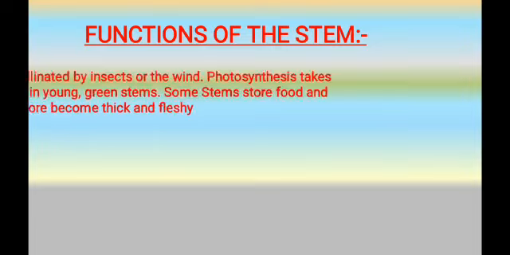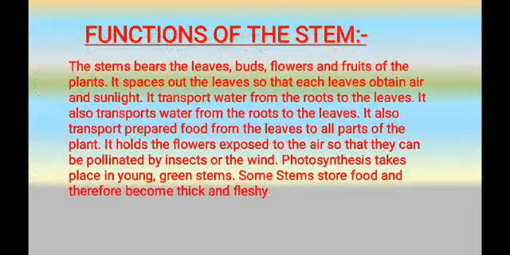Now I will teach you about the function of the stem. As I told you, the stem is the upright, erect part of the plant body. It supports the plant body. It is just like our backbone.